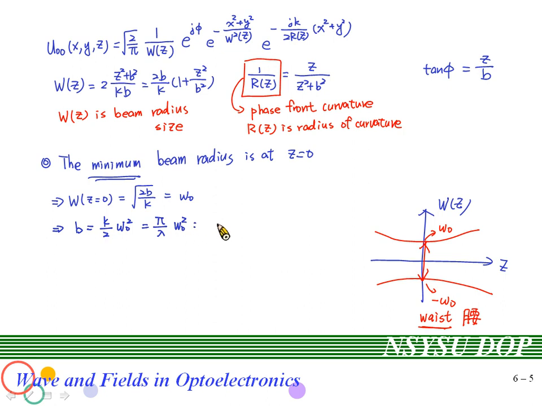We call it the confocal parameter of the Gaussian beam. And please keep in mind that b must be a real value.